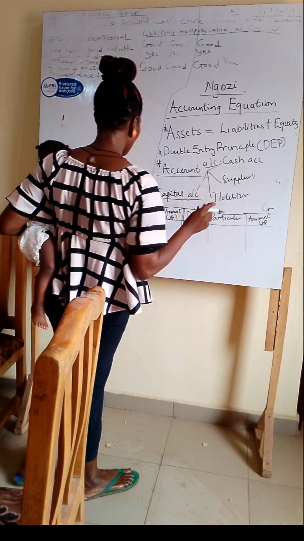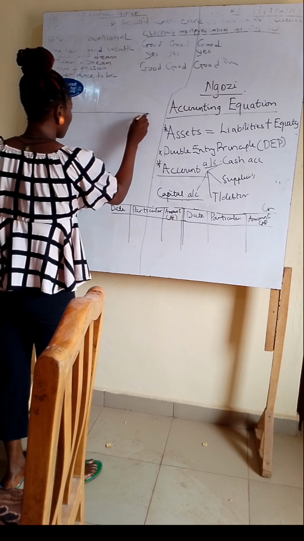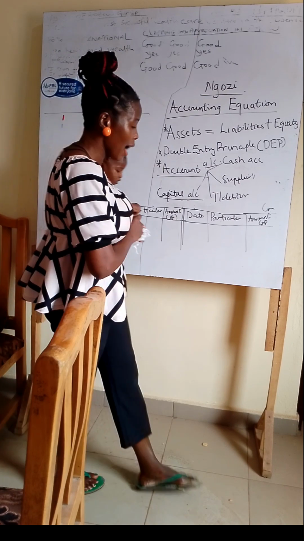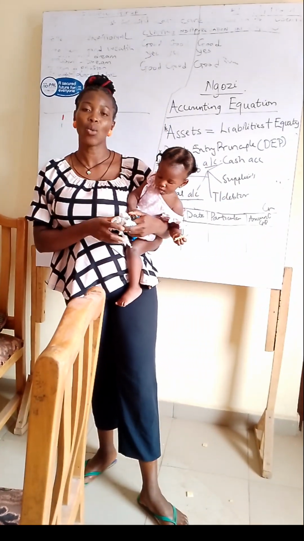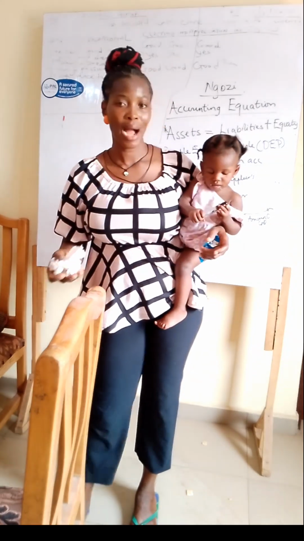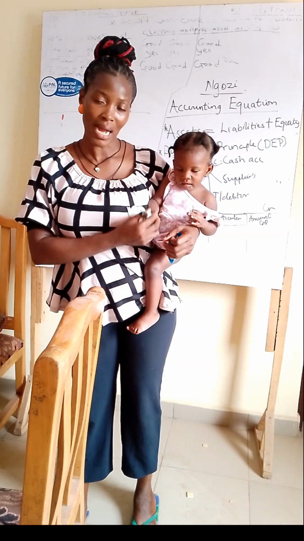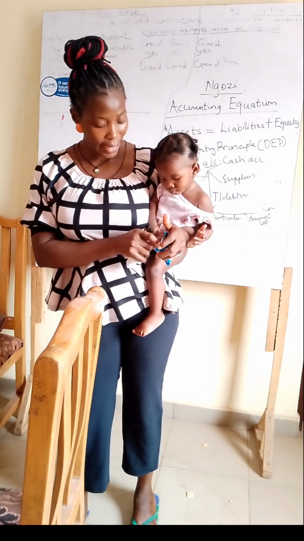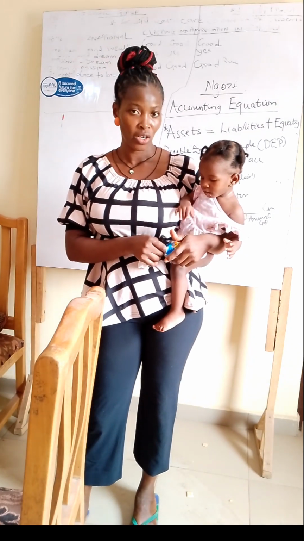Okay, and then we're going to open another account. You can see my board. Now, the second account to be opened is our cash account. Why? Because this money which would be received from his father is cash. Even as much as the money is for him to start his business, the money is cash.